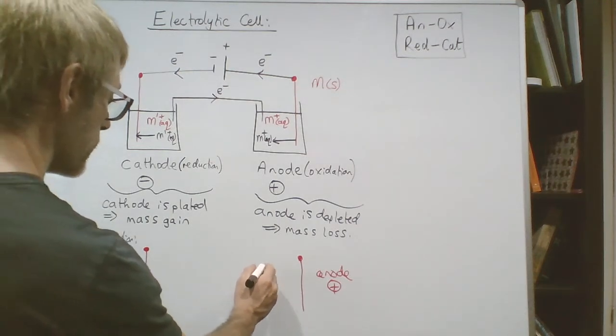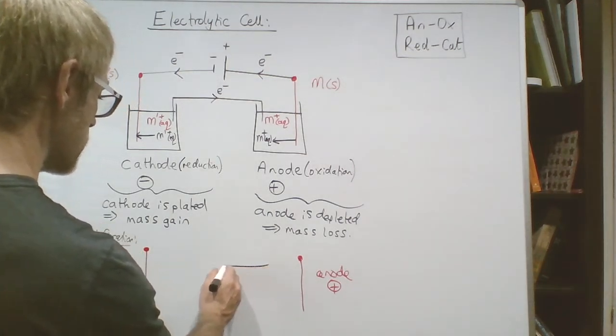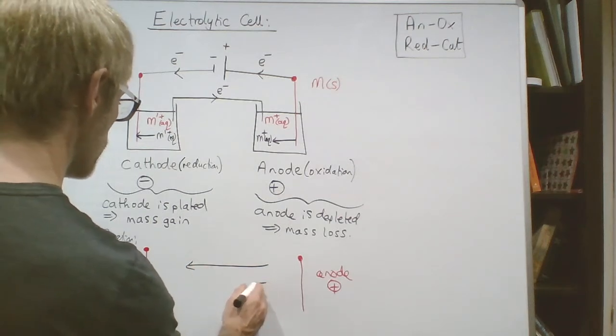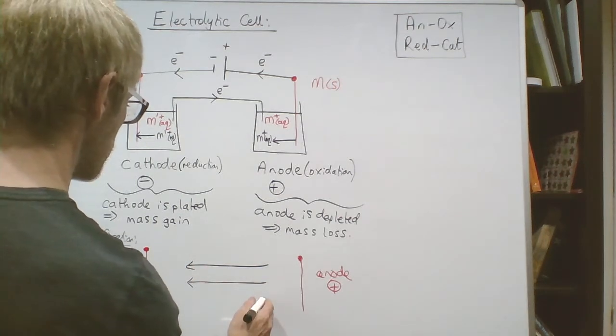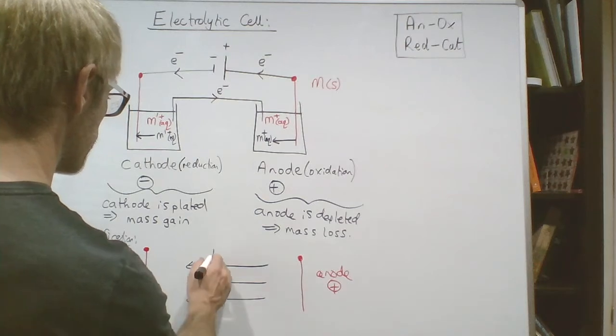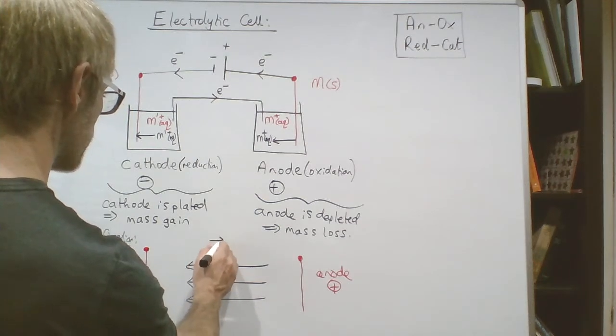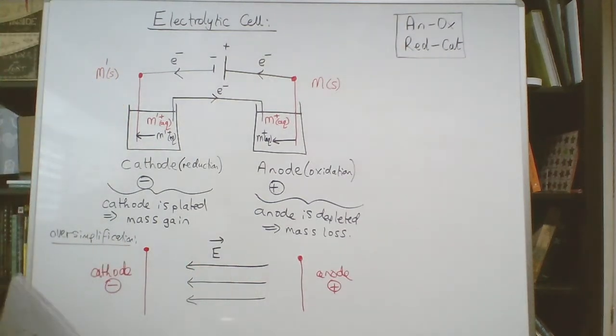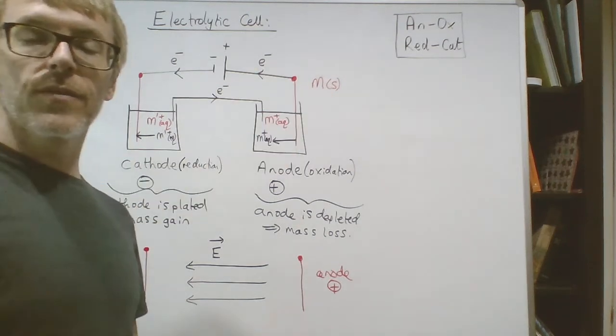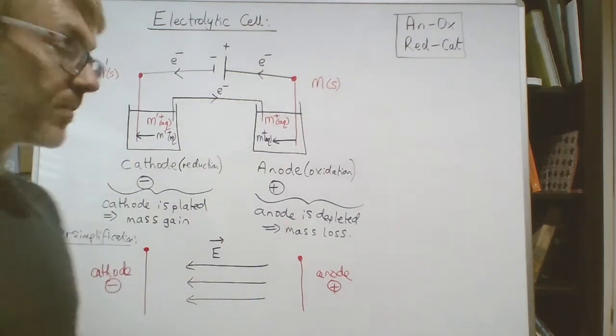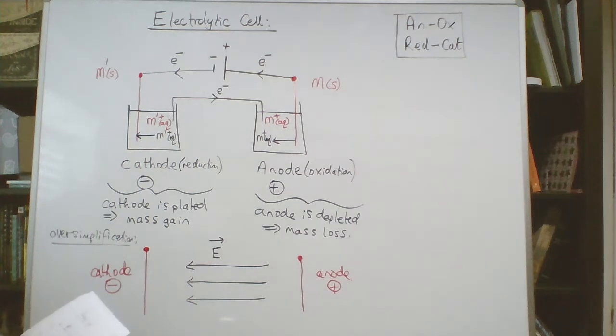Then we know from electrostatics that the electric field will flow from the positive to the negative. So everything's the same, but the flow of the electrons is in the opposite direction. Okay, so we'll clear the board and we'll continue this inspection on a fresh board.